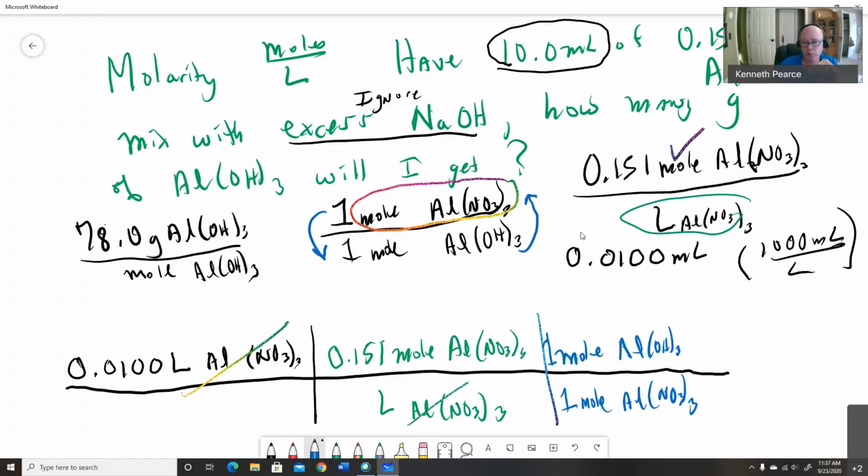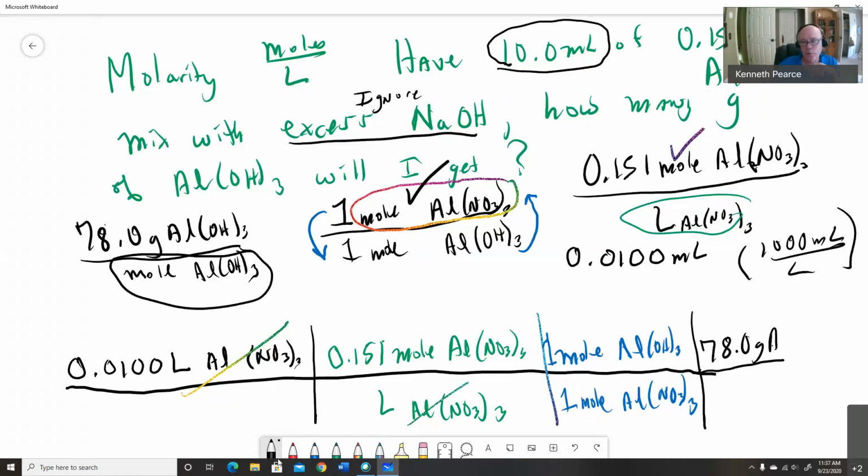Okay, and we're going to take this line out a little bit further. And then finally, putting a check mark over that, we end up with the moles aluminum hydroxide, which is right here, and that's on the bottom, so we need the molar mass of our product, 78.0 grams aluminum hydroxide for every mole aluminum hydroxide.